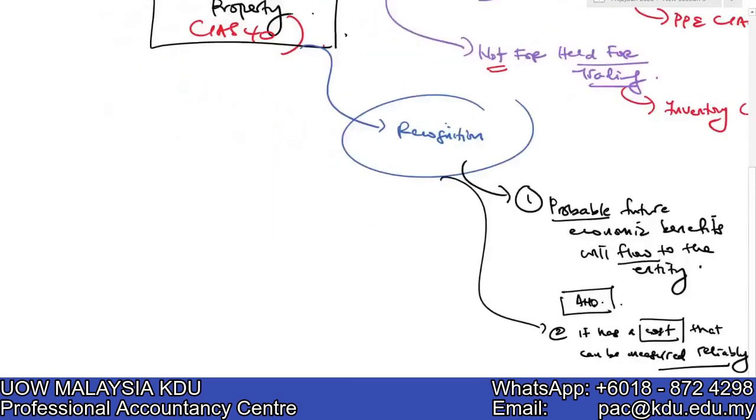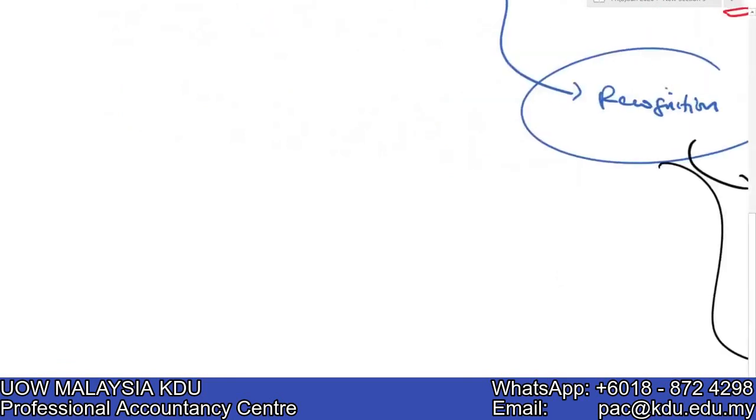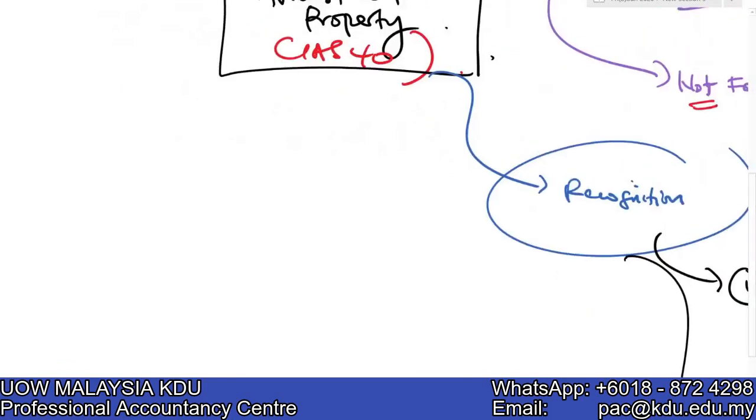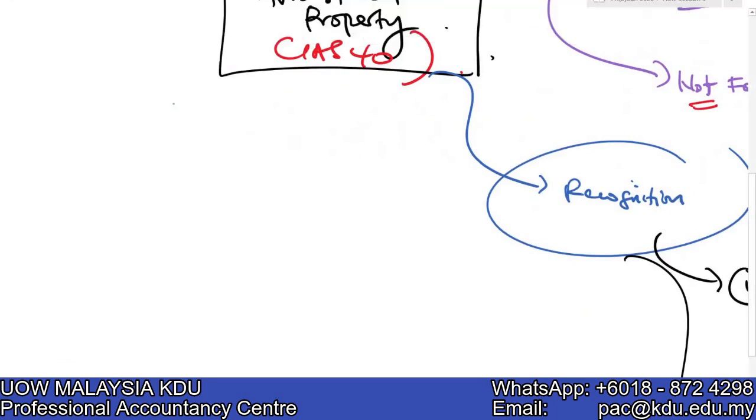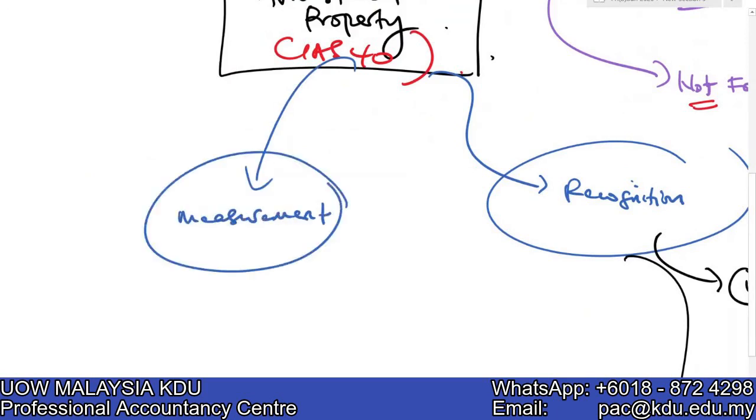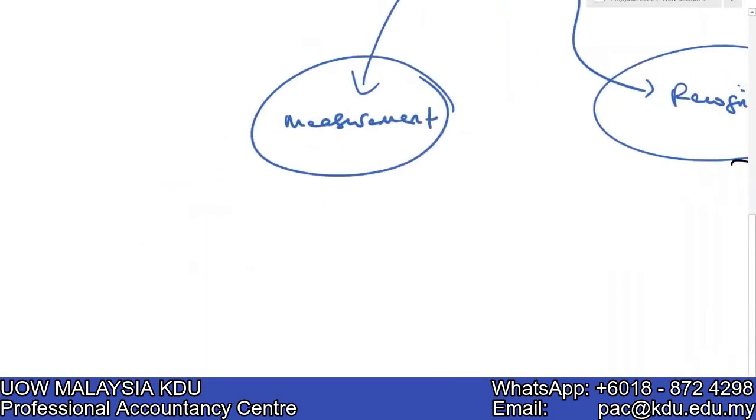After recognition, what do we do? Always after recognition? Measurement. Yes. What is measurement? Measurement means assigning a monetary value to your investment property. So what measurements do we normally have?